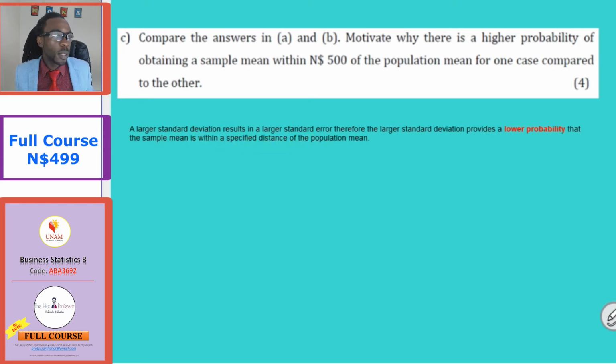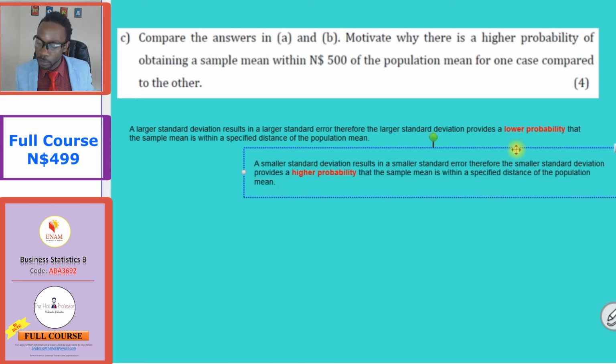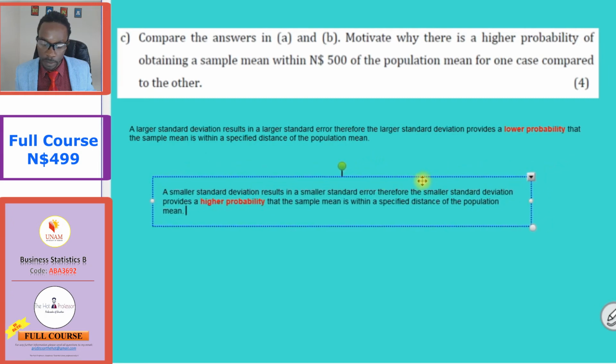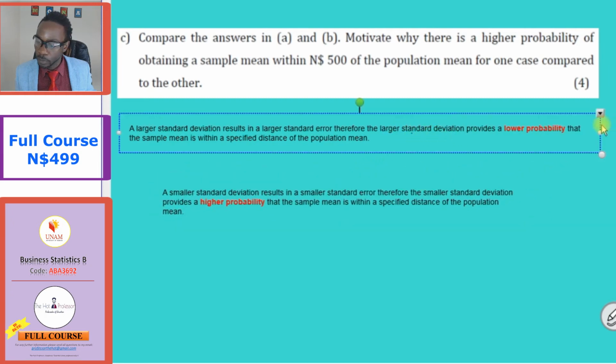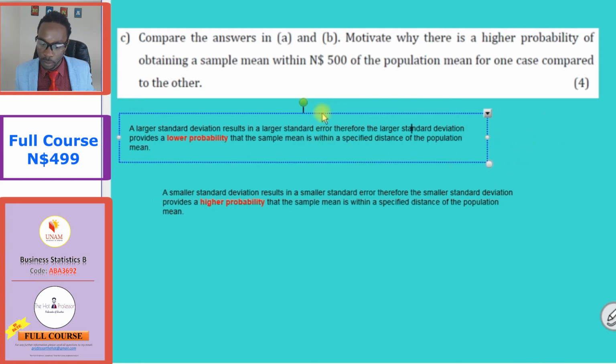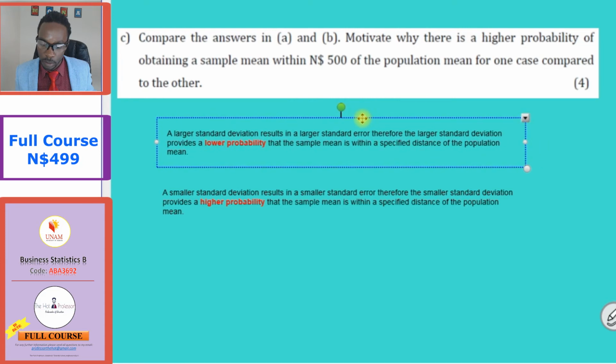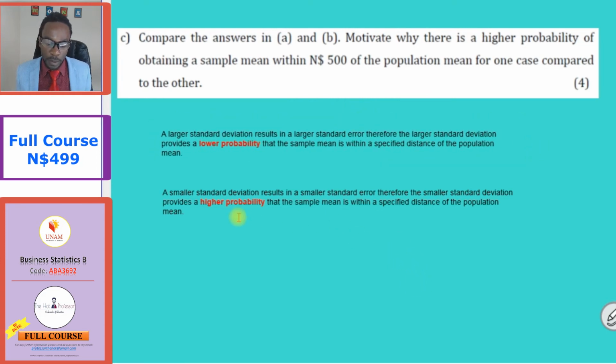Or you can look at the smaller one. It's the same explanation. A smaller standard deviation results in a smaller standard error. Therefore, the smaller standard deviation provides a higher probability that the sample mean is within a specified distance.